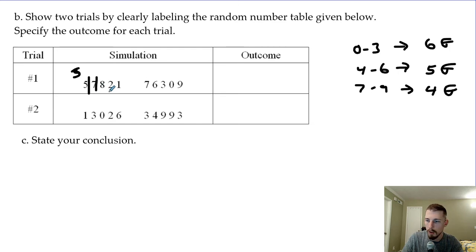7 was 4 good ones, which would put us up at 9. And then 8 is 4 more, which is going to put us at 13. 2 is going to be 6 good ones, which puts us at 19.